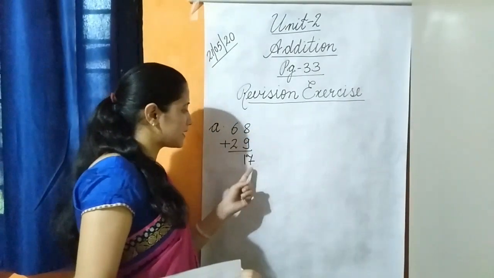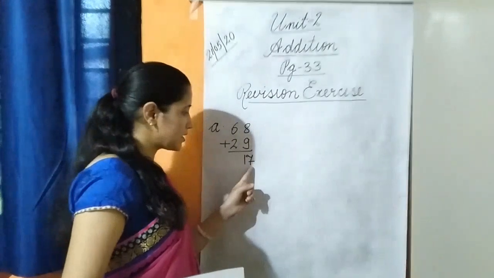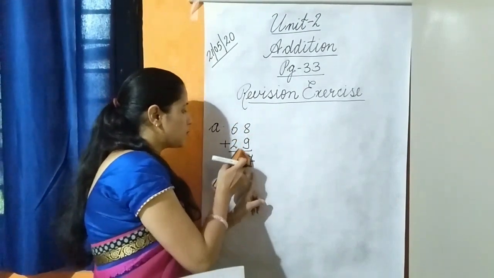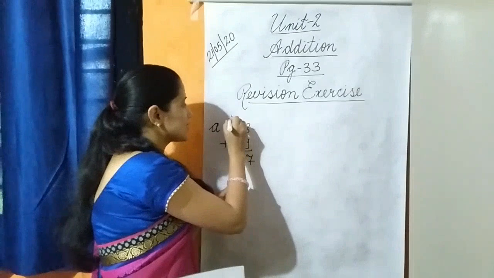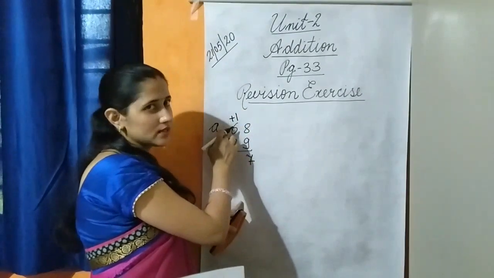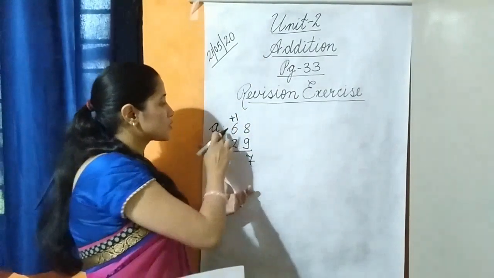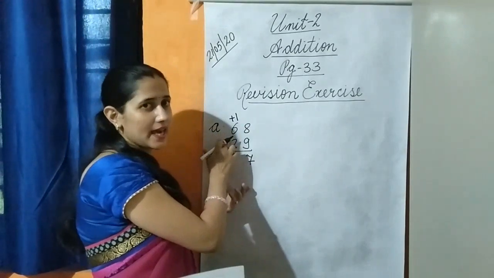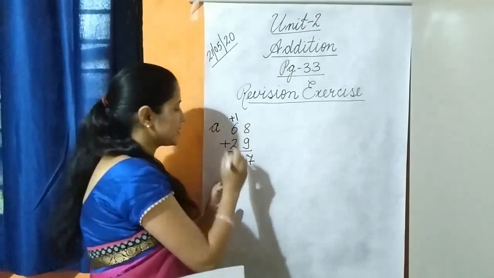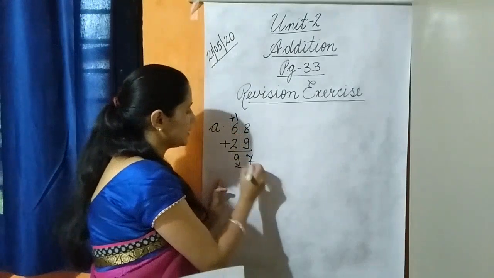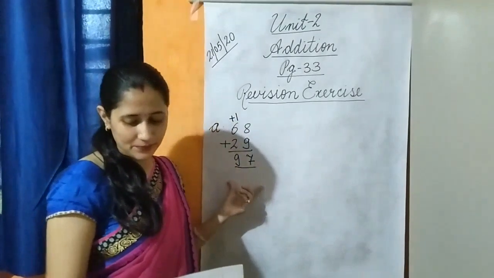So 8 plus 9 is 17. We write the ones place here, and this 1 we take as carry on the next value. So 6 plus 2 is 8, and plus 1 is 9. 97.